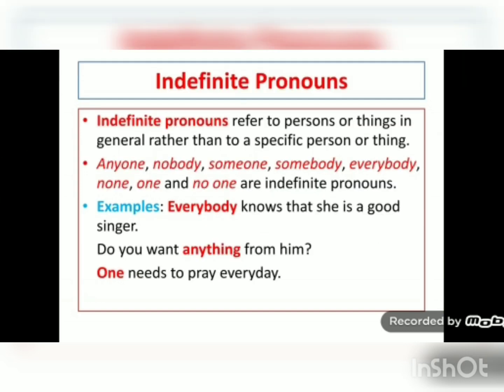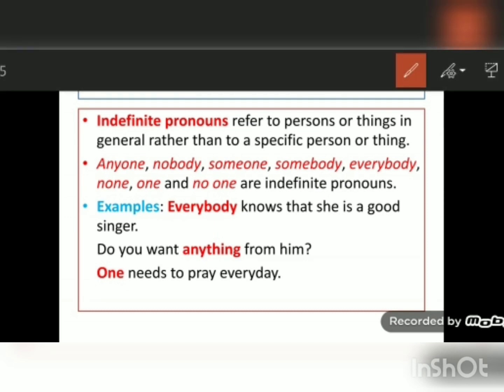Next is indefinite pronouns. Indefinite pronouns refer to persons or things in general rather than to a specific person or thing. It does not refer to a particular person or thing.